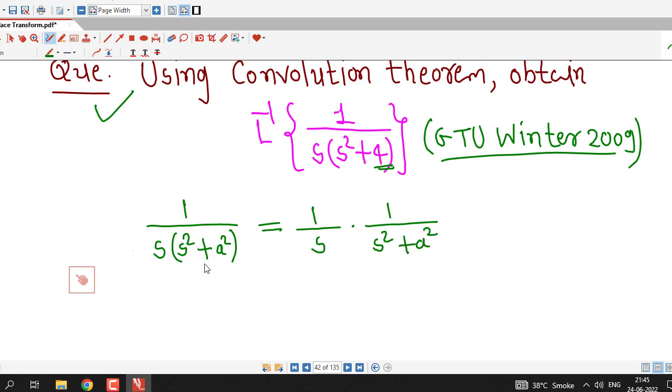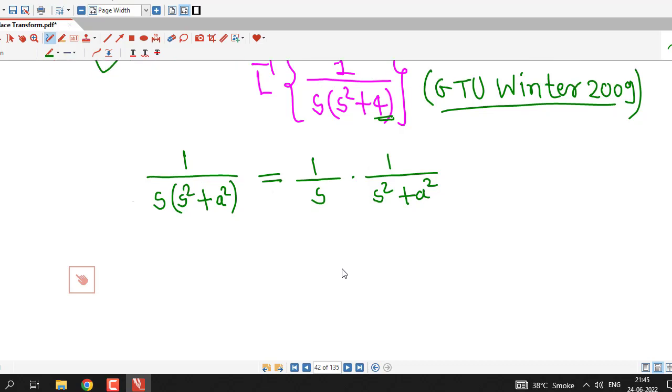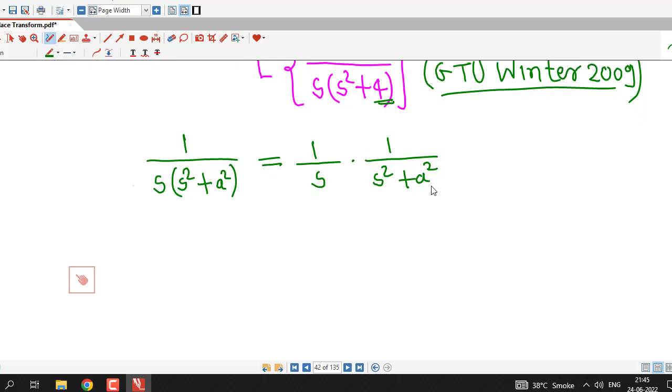Here I am writing this given function as product of 1 by s and 1 by s square plus a square. Now I can choose any of these functions as capital F and any of these functions as capital G. So suppose I consider this function as capital F.